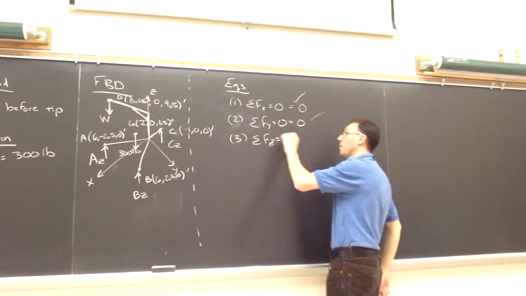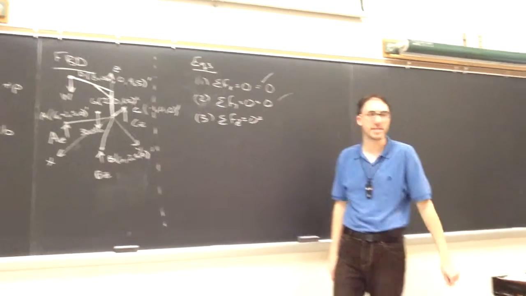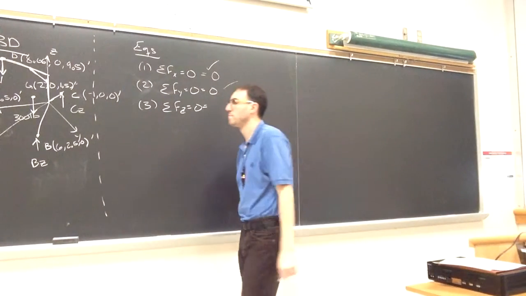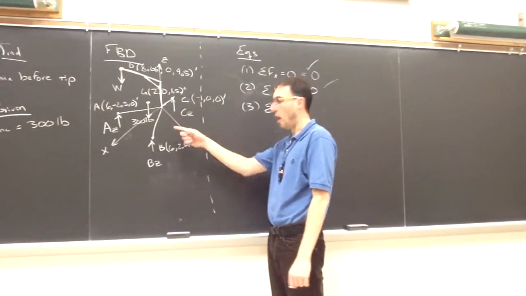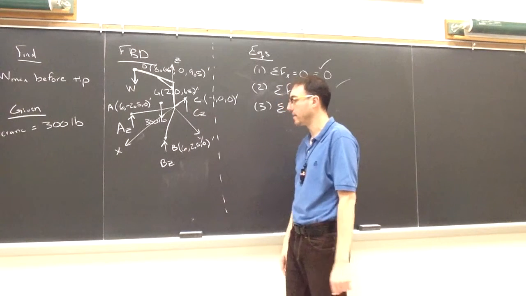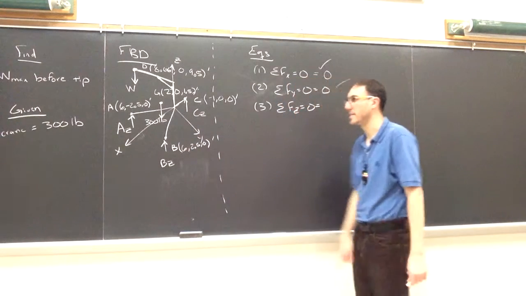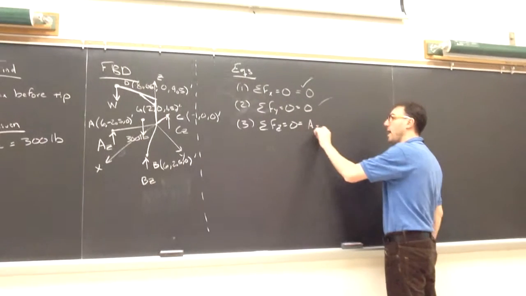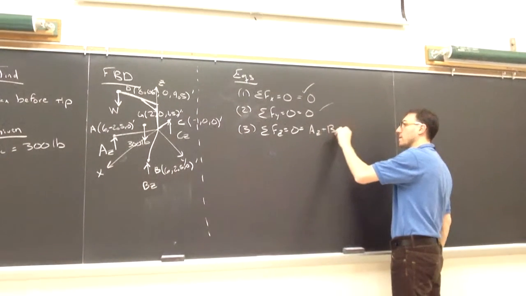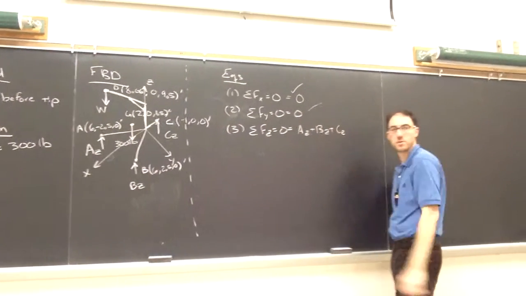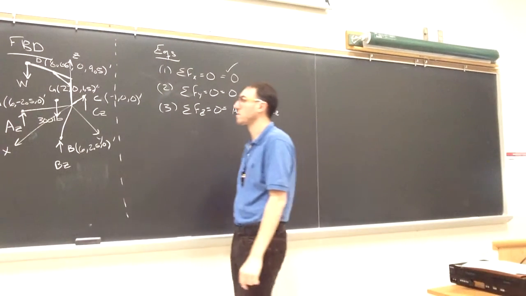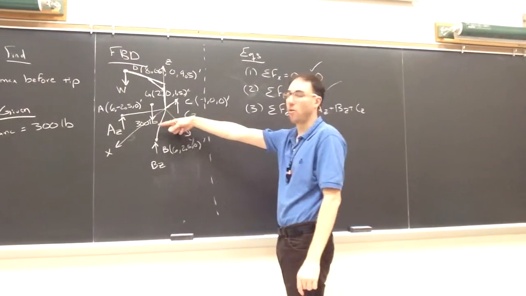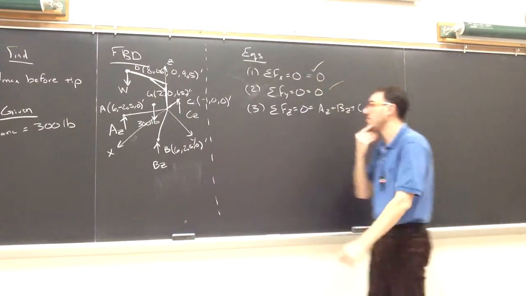An equation that will give us something is if I sum my forces in the Z direction. All of my forces act only in the Z. AZ, BZ, CZ act in the positive Z direction, and they have to because they're normal forces. The weight of the crane itself acts in the negative Z direction.